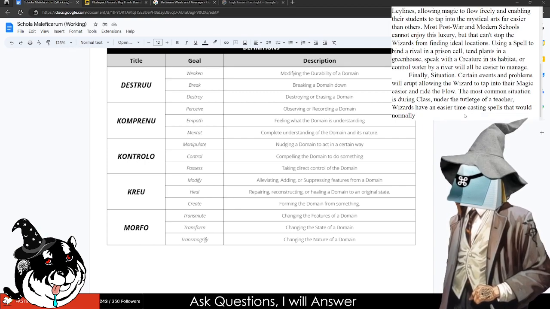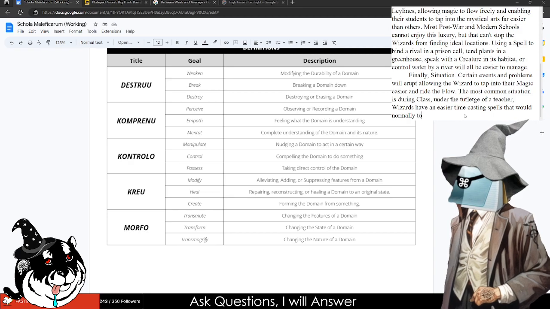Wizards have an easier time casting spells that would normally trouble them.